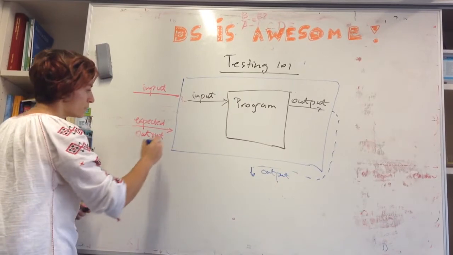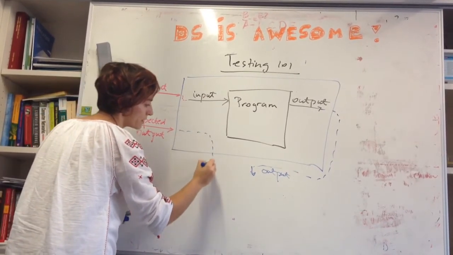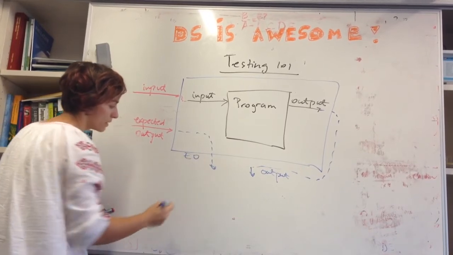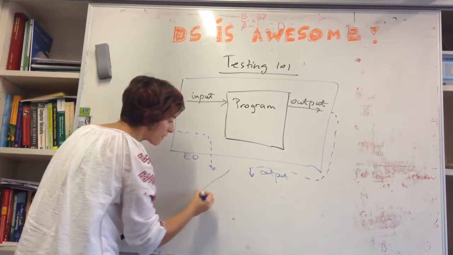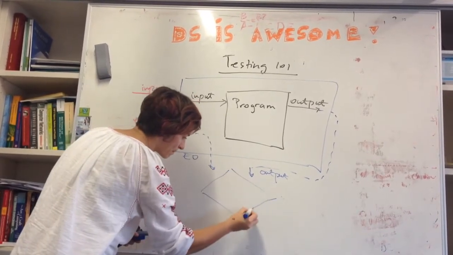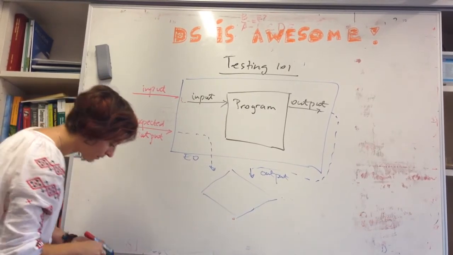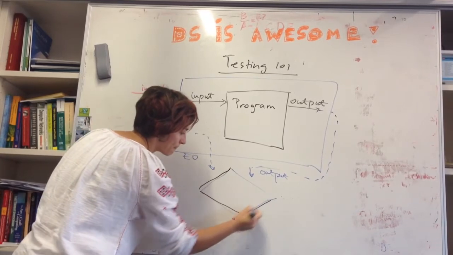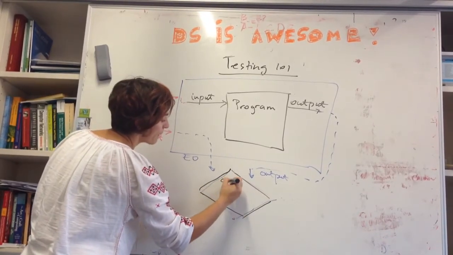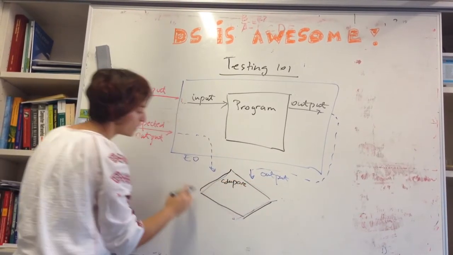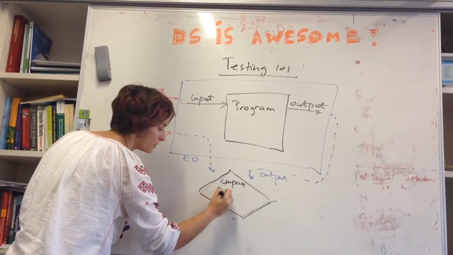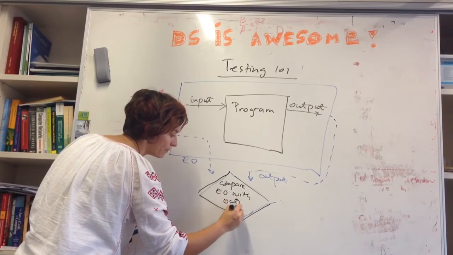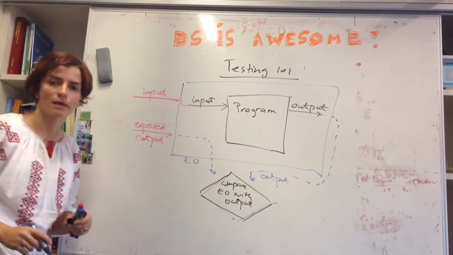Now, it will take the expected output, which I'll write as EO, and then compare the expected output with the output that the program has put out.